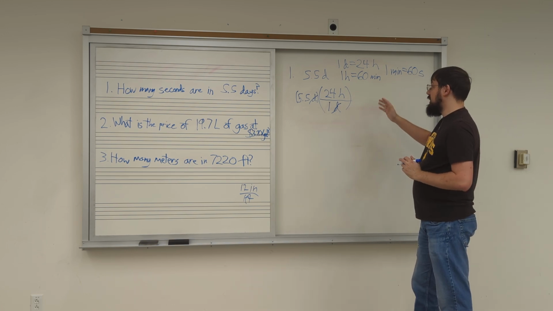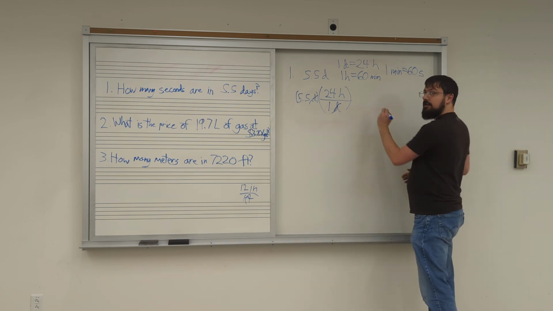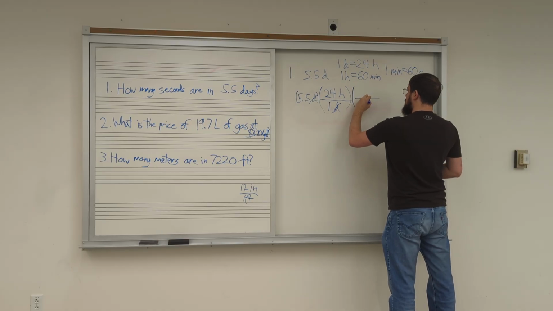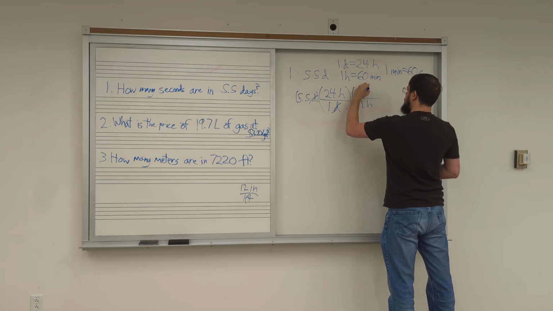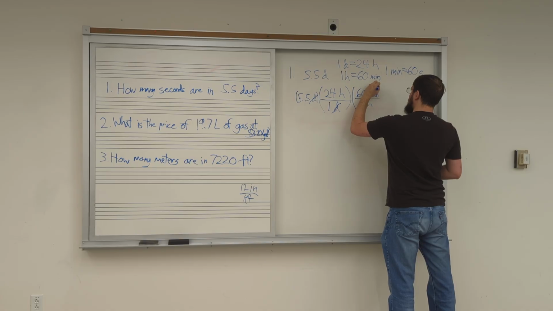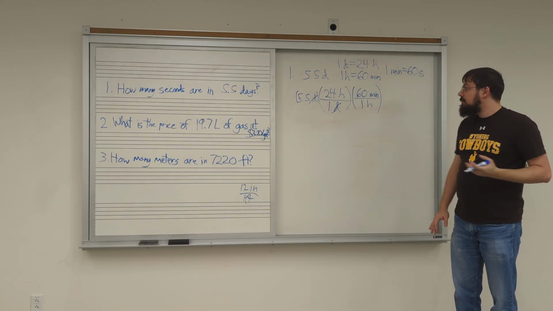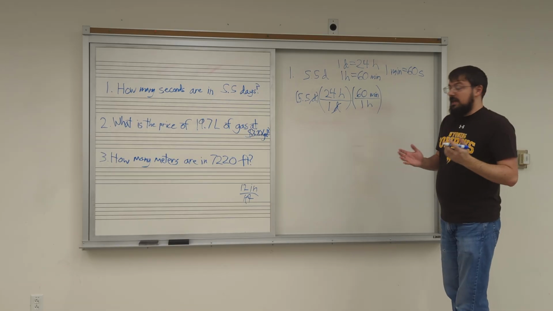So now we can do the same thing to go from hours to minutes. Hours on top here, we want hours on bottom here. 1 hour is 60 minutes. And then our final step, we want to go from minutes to seconds.